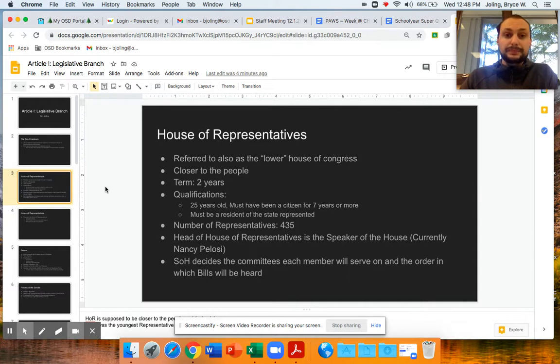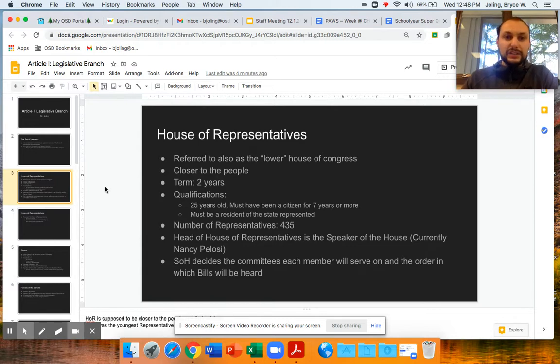So they're supposed to be more in touch with the people. The term for a representative is 2 years, although because it is so short, oftentimes after somebody wins an election, within a couple of months, they're already starting to campaign for their next election because it is such a quick turnaround.